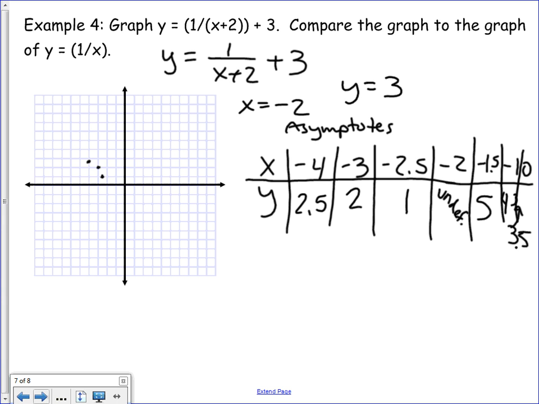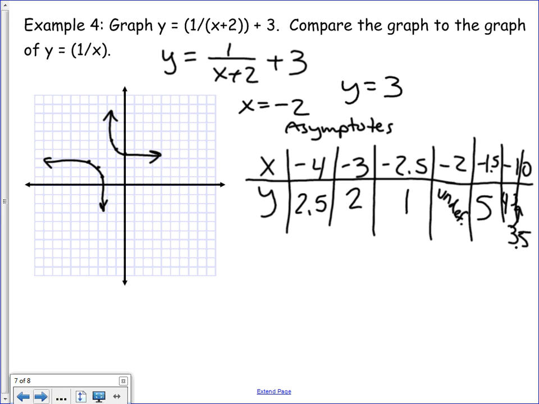And on the other side of it, we have -1.5, which is 5, and -1, 4, and 0, 3.5. Okay, and again, the horizontal asymptote is 3. So we go here, close to -2, close to 3, but never intersecting. Same thing here, close to -2, close to 3, never intersecting. That's how we get those curves.